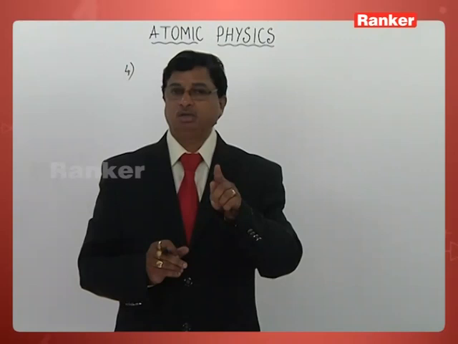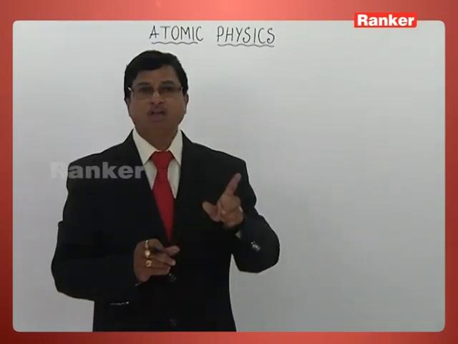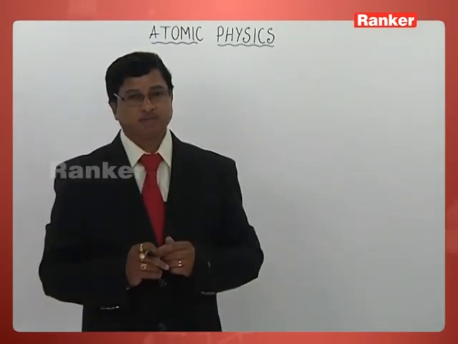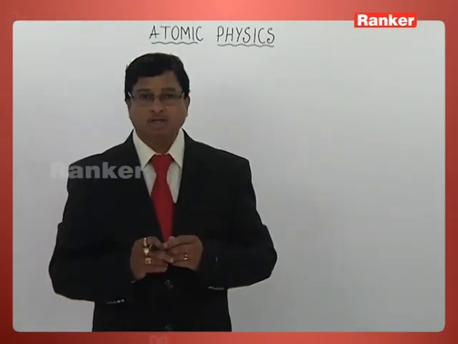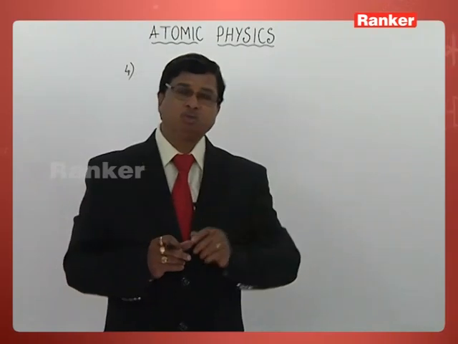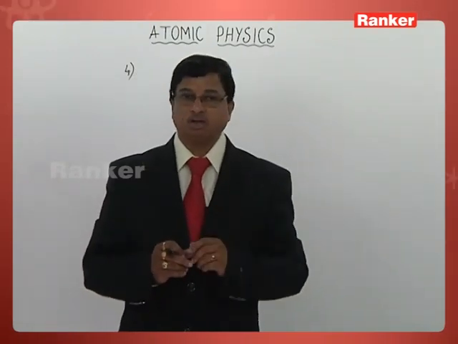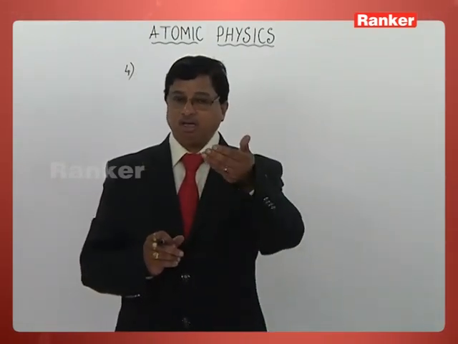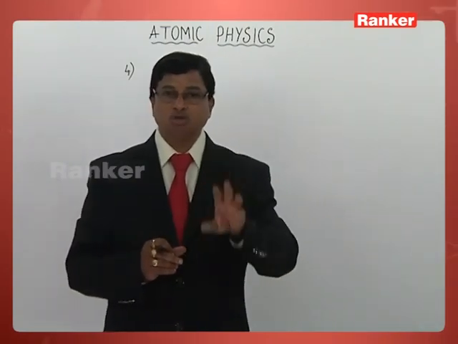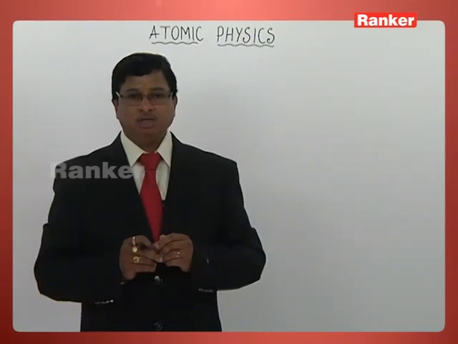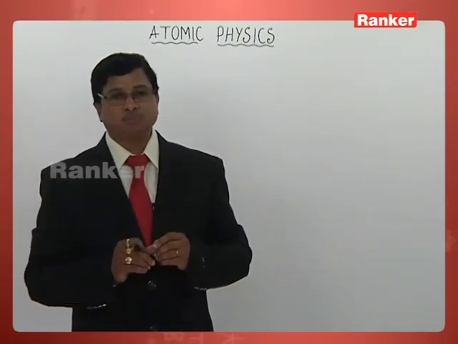This phenomenon we call the photoelectric effect. The plate is called the photocathode, the electron emitted is called the photoelectron, and the material of that photocathode we call the photosensitive material. This of course is known to all of you.